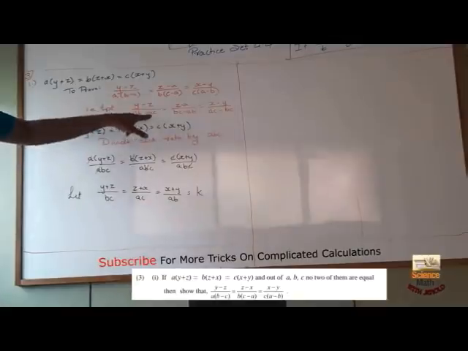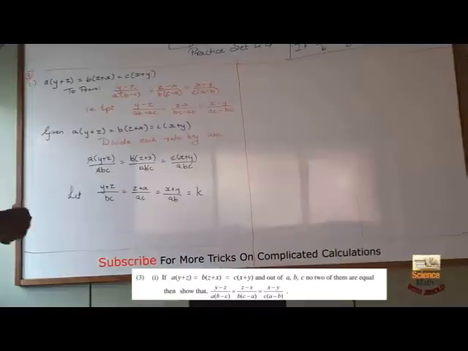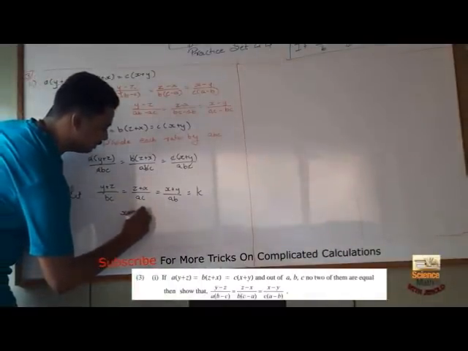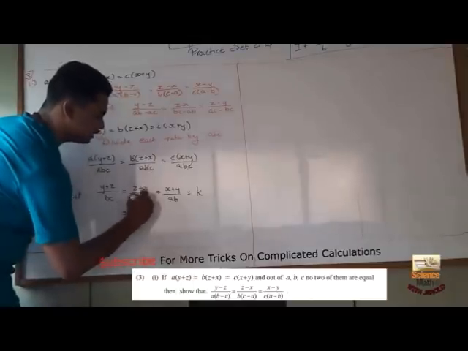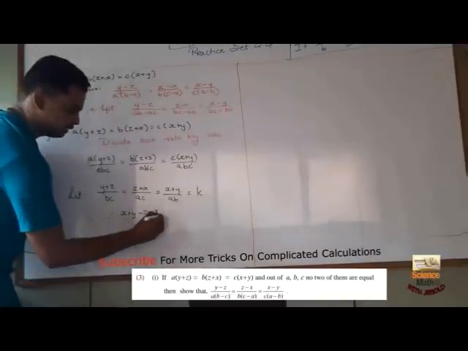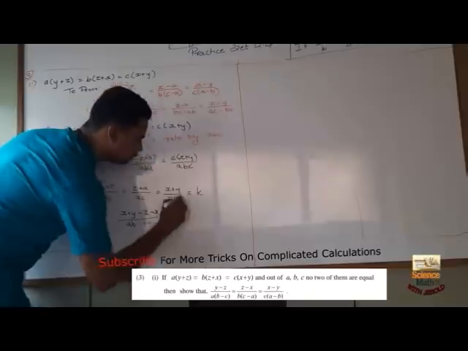So I want ab minus ac. Where is ab? ab is right here and ac is over here. Therefore, (x + y) minus (z + x), plus and minus, therefore minus x, upon ab minus ac is equal to k.